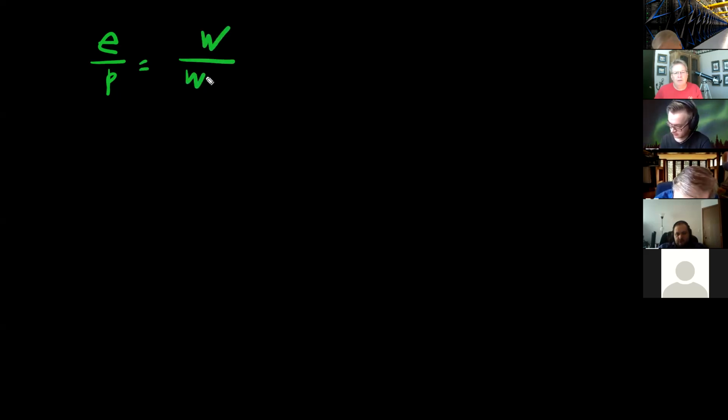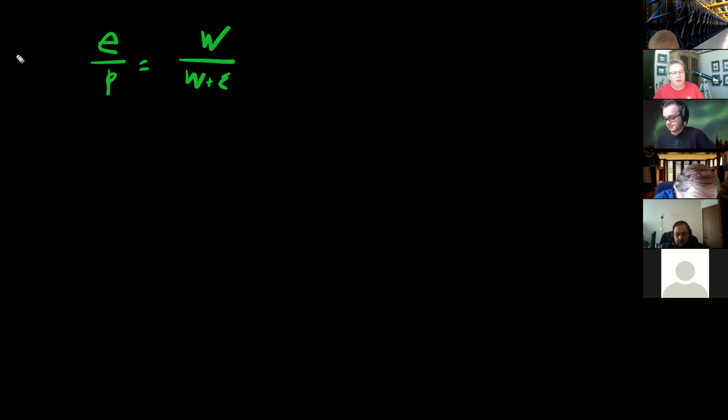It says substituting E over P from equation 3.59. Do you agree that the ratio of E over P is W over W plus epsilon? Into 3.16.